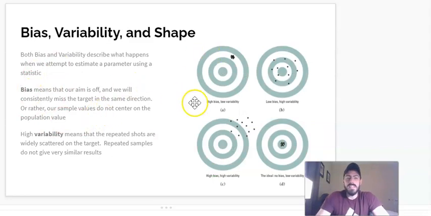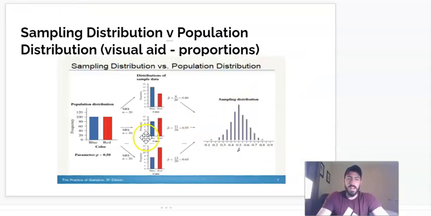So bias means that your aim is off. If you're getting something that is biased, it means that your center is not where it's supposed to be. Since the true proportion of red marbles here is half, if we were getting a sampling distribution that was telling us the proportion of red marbles was something different than 1/2, then our center would literally be in the wrong place.